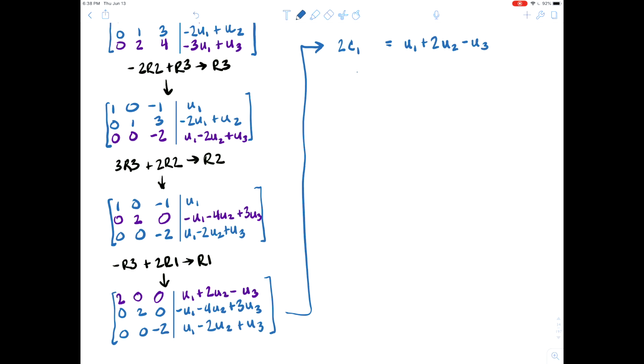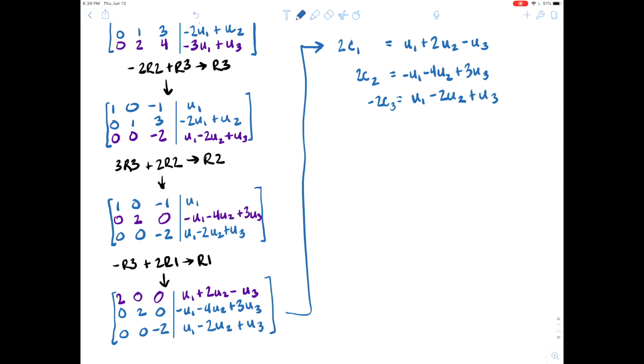We'll have 2C2 is equal to negative U1 minus 4U2 plus 3U3. And then negative 2C3 will be U1 minus 2U2 plus U3.